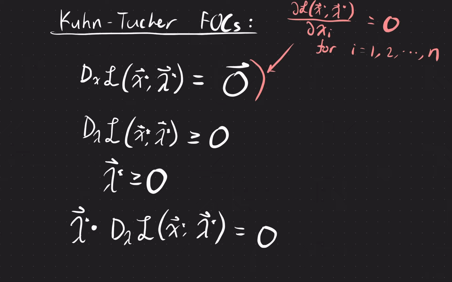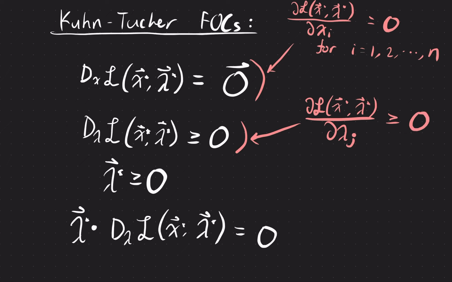So the next condition, the lambda gradient of L, is going to be greater than or equal to 0. But the gradient here is going to tell us the partial derivative at the optimum of L with respect to each lambda, and I'll use j for this, is going to be greater than or equal to 0.